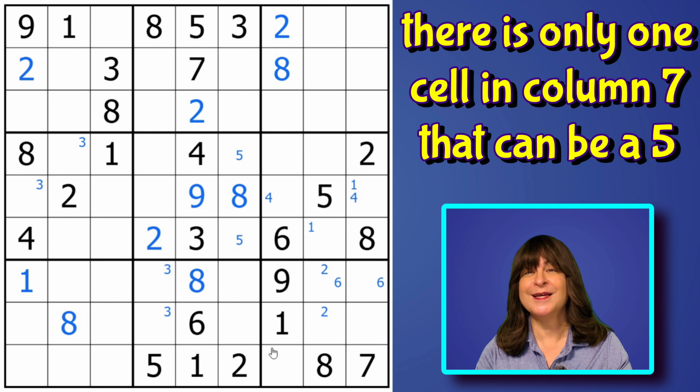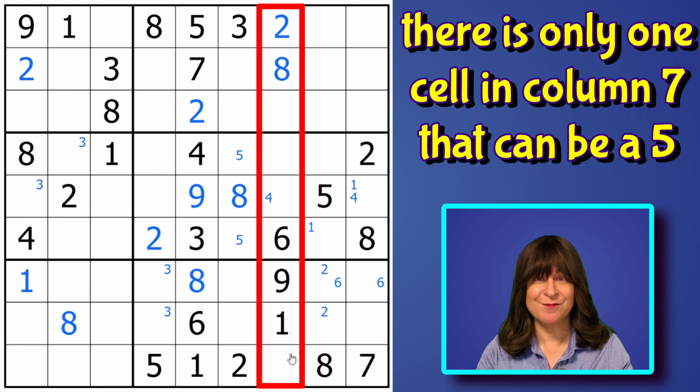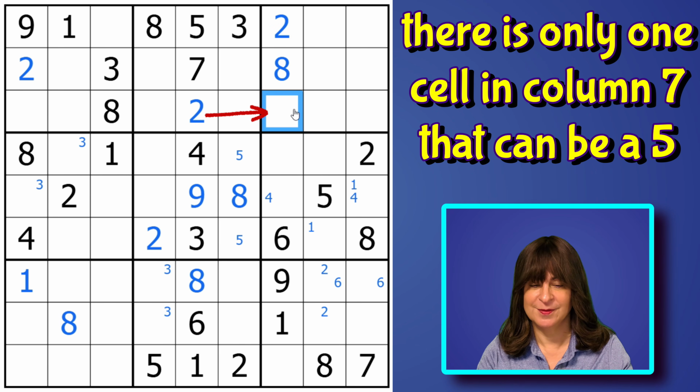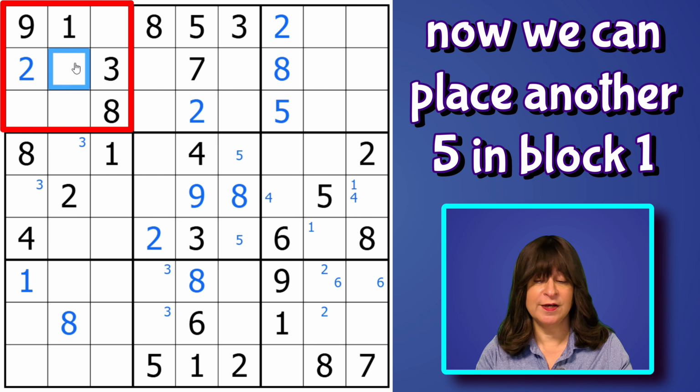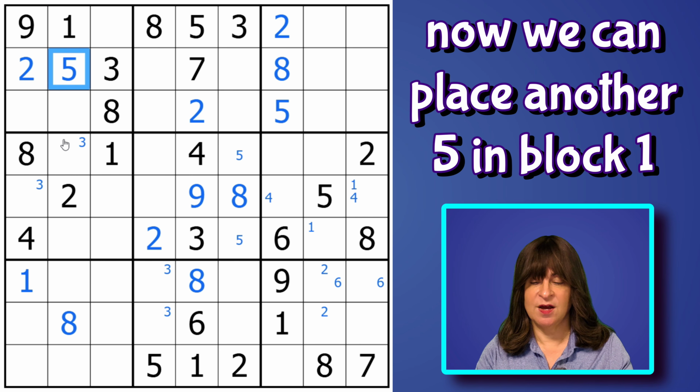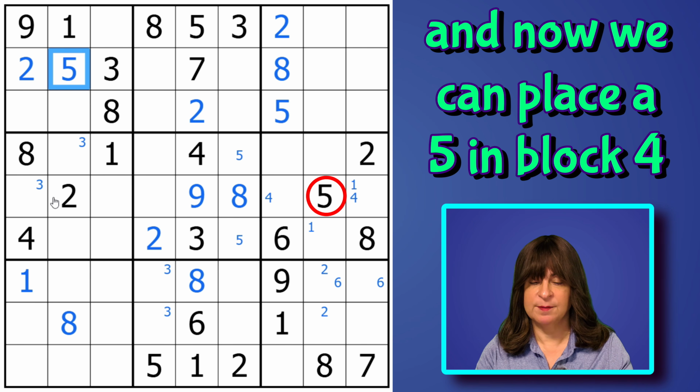So the only place a 5 can go in column 7 is here. Nice. And so now once we've placed that 5, I can place a 5 in block 1 here. And now because of this 5 I just placed and this 5, I can place a 5 in block 4.